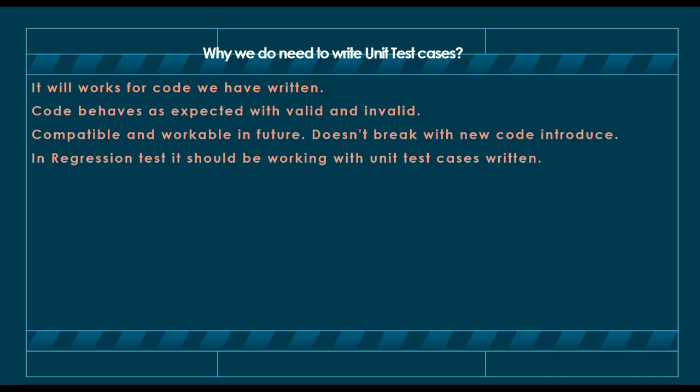Let's say you have done an enhancement or some changes in the code. Your code should work with the new logic, and also you need to make sure that wherever this piece of code is being used, the test cases that were written should be working as expected. It should not break the existing code, right?